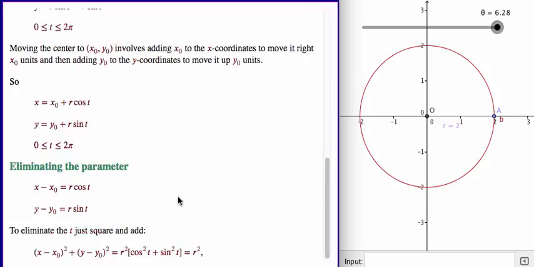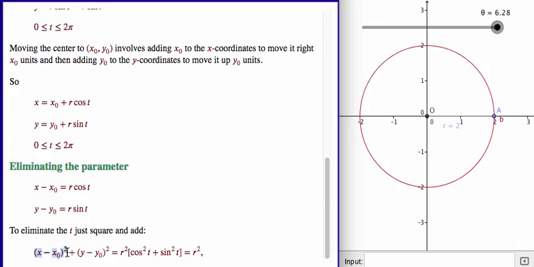Surely it will. If I square this and add, I'm going to get x minus x0 squared plus y minus y0 squared equals r squared cosine squared t plus r squared sine squared t, which is r squared times the quantity cosine squared plus sine squared, which is 1. Bye-bye t. T has gone. We have eliminated the parameter. And guess what we've got? We got the equation of a circle.